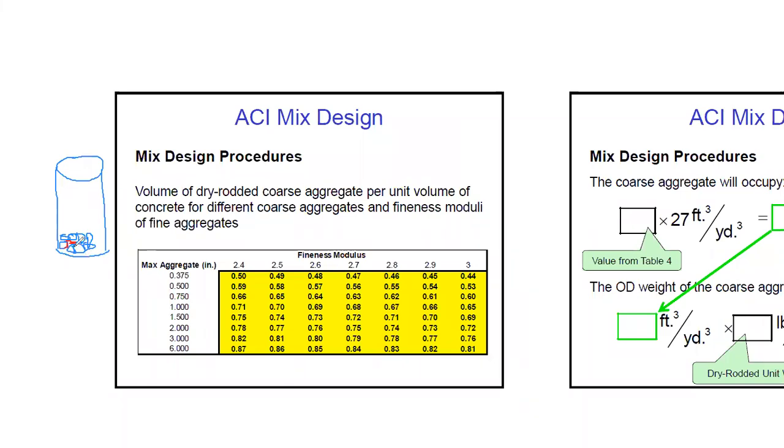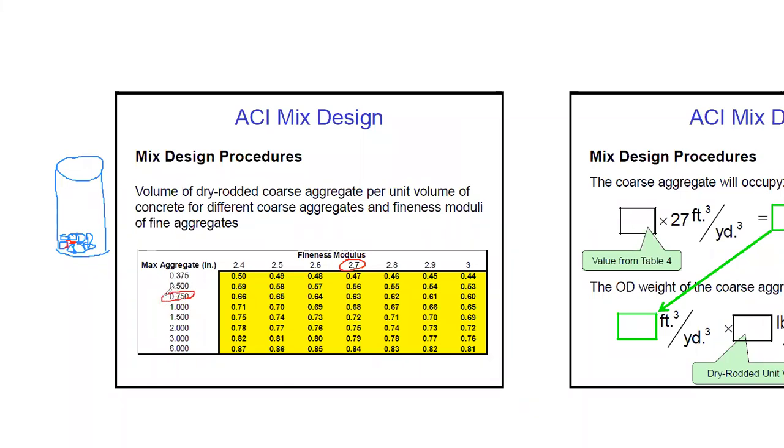So the volume of dry rodded coarse aggregate, divided by the unit volume of concrete, the normal volume of concrete, for different coarse aggregates and fineness modulus of fine aggregates. So let's suppose the fine aggregate that we utilize has a fineness modulus of 2.7, and the maximum aggregate size is 0.75.